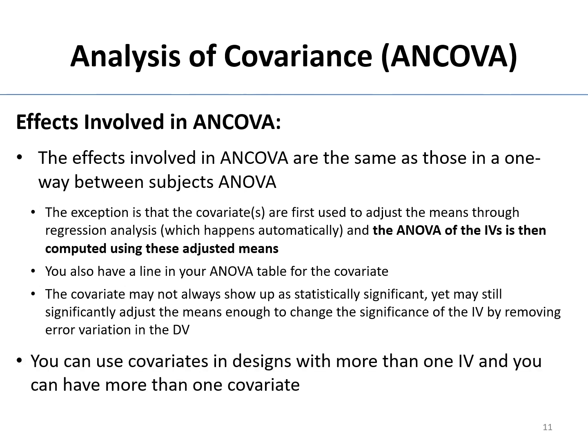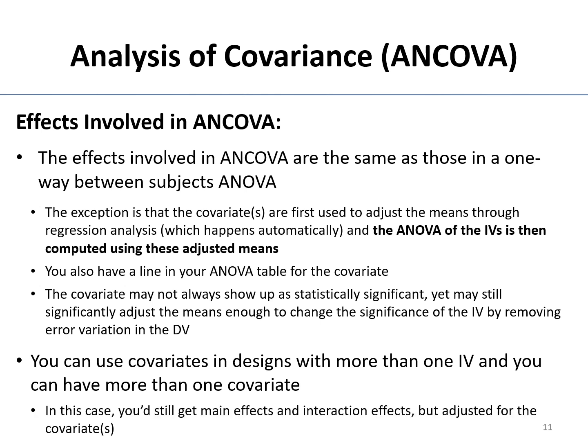And you can use covariates in designs that have more than one independent variable, which we'll get into soon. And you can have more than one covariate. Incidentally, if the covariate is significant, it tells you that they did significantly adjust the means. If they are not significant, it tells you they didn't really meaningfully adjust the means, but they could have other beneficial impacts. So in the case where you have more than one independent variable, you will get main effects and interaction effects, but they're all adjusted for the covariates in the model.